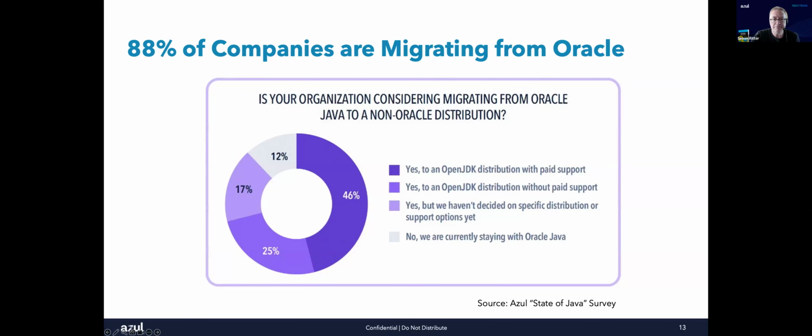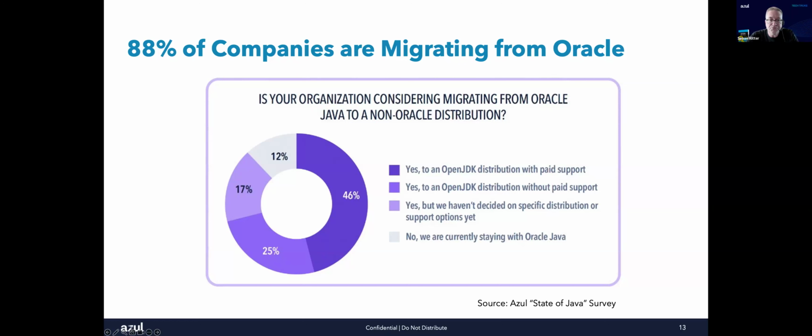Now, yes, there is a quarter of the people who were looking to migrate to a distribution without paid support. And I think that number is probably representative of people who haven't necessarily considered all of the implications that we did on the previous slide, where by using a free distribution, you think it comes without a cost, but at some point down the line, you're suddenly going to notice that, yes, it does come with an expense.